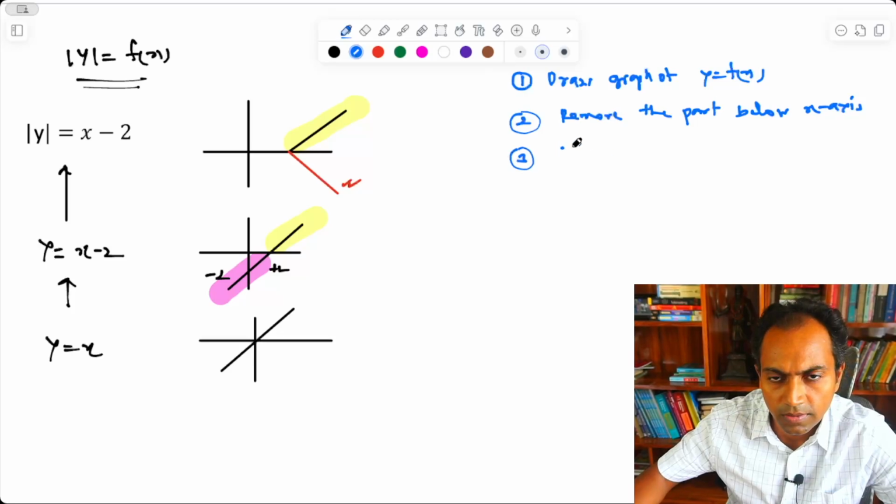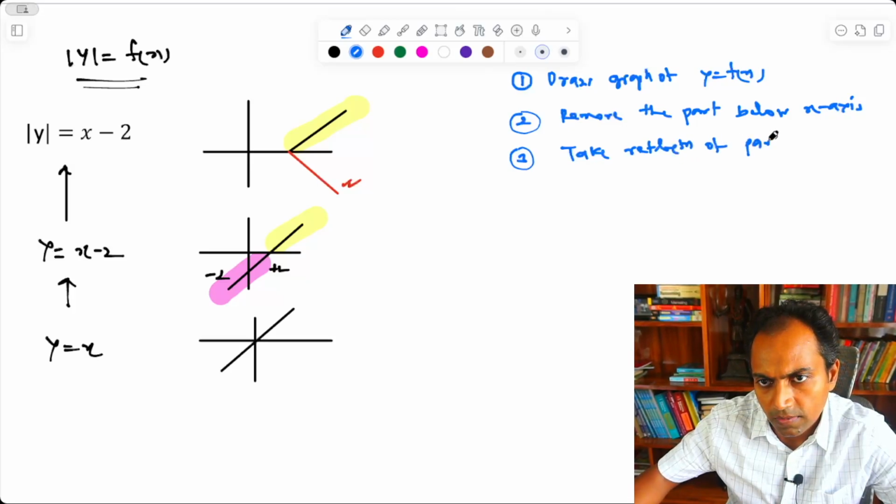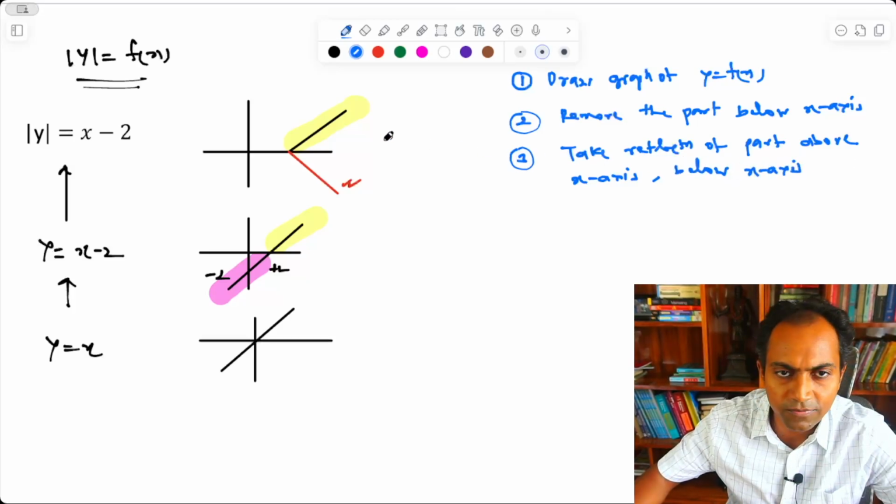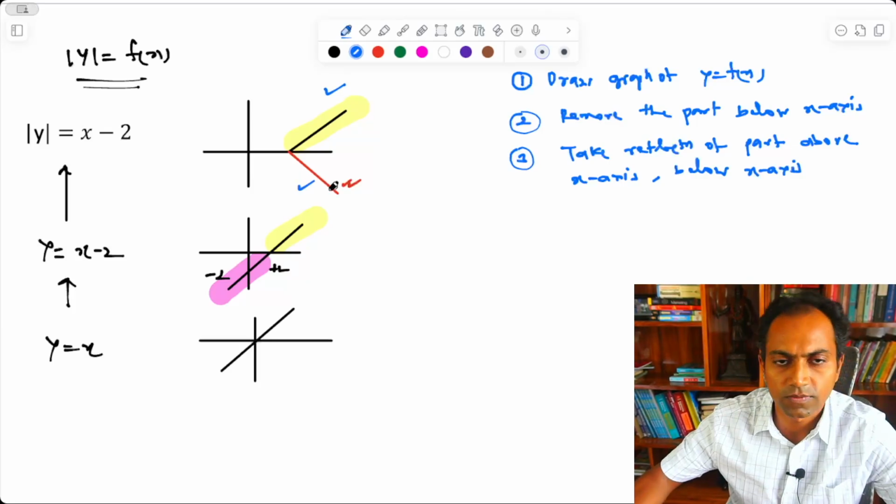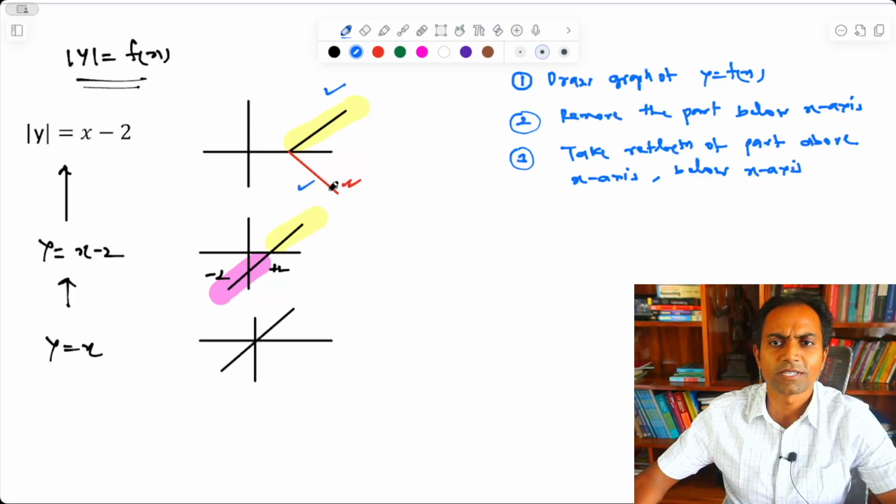Third, take reflection of part above x-axis below x-axis. So, what we are saying is whatever part we got above, we are taking reflection below as well. So, these are the 3 simple steps that you can use.